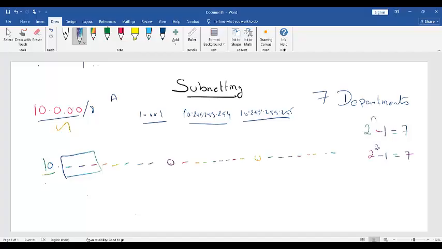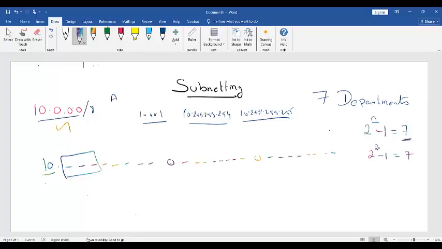Now I know how many bits I should give. How many? 7? No, how many bits should I give for getting 7 subnets? See, this is subnet. 3. This n is the number of bits that we give.